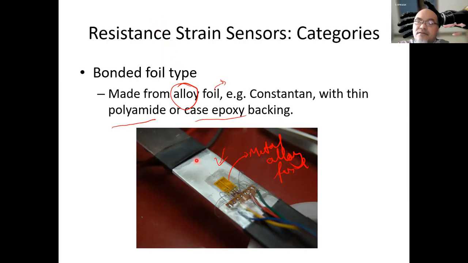The polymer has another different thermal expansion coefficient, and the alloy foil itself has yet another.